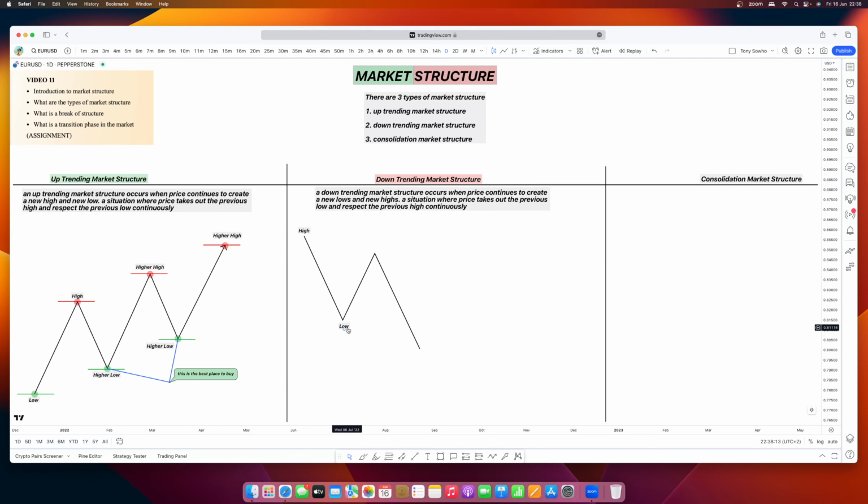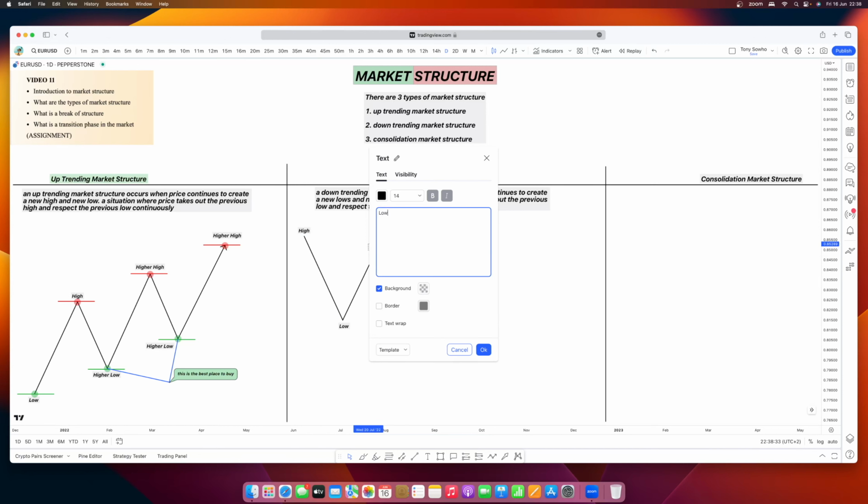So now we're going to have this also as a high. But we're not going to write this as a high also. We do not want repetition. So what are we going to call this high? Because this high is actually lower than this high, we're going to call this a lower high.